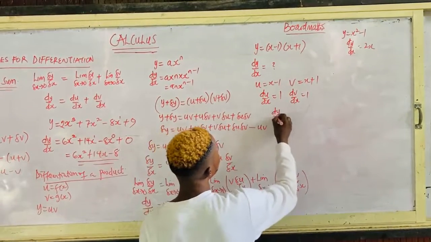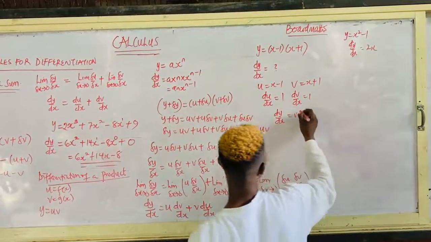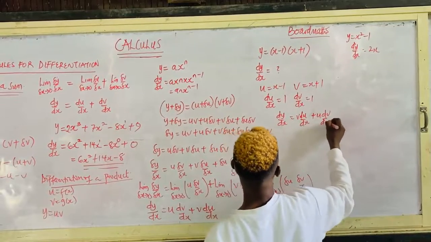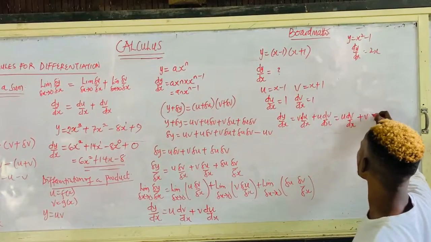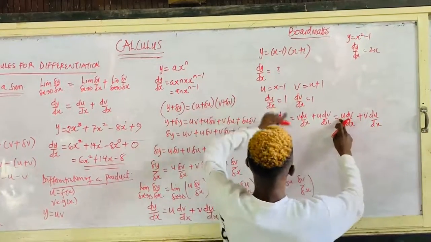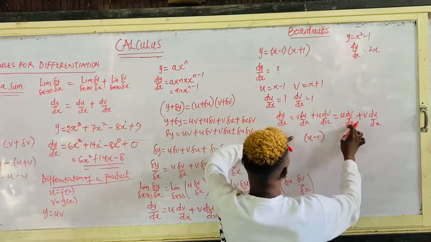dy/dx is v du/dx plus u dv/dx, the same as u dv/dx plus v du/dx. So what is your u? u is x minus 1. So x minus 1, what is dv/dx? 1.